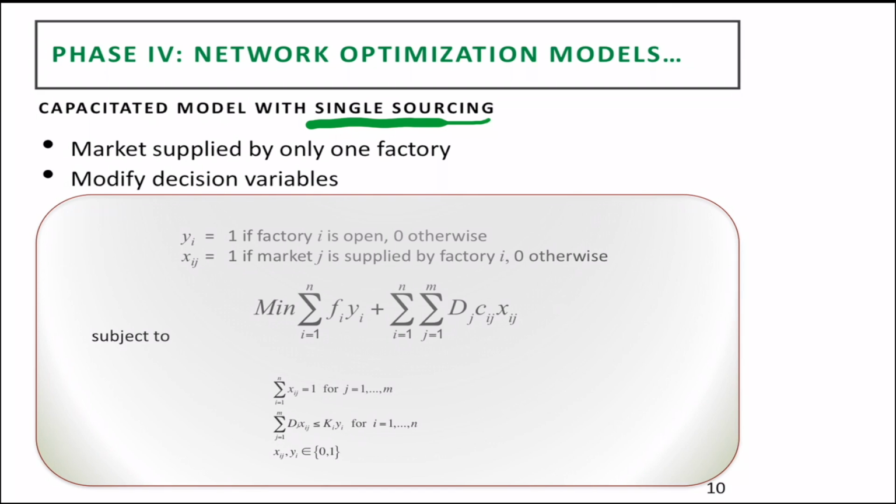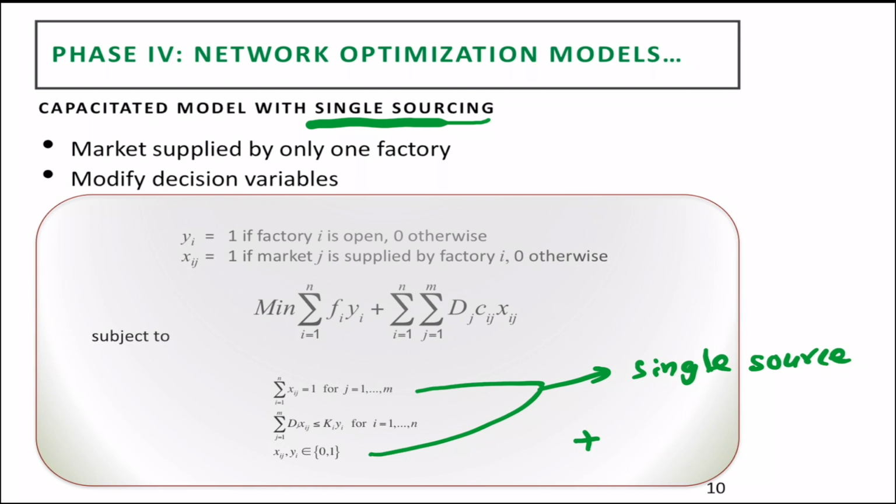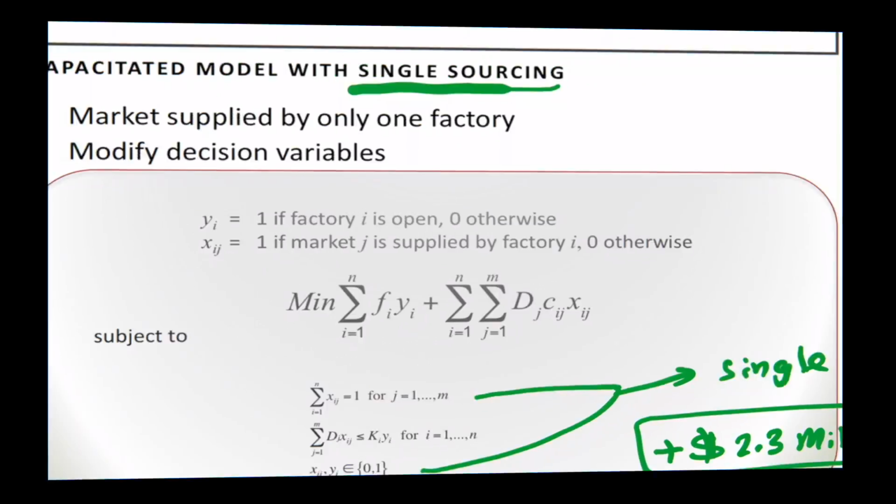This design helps in reducing complexity and improves coordination, so it has a lot of benefits. These two constraints ensure single source, which means each market is supplied by exactly one factory. Once we find the solution, we find that it adds about $2.3 million to the overall cost.